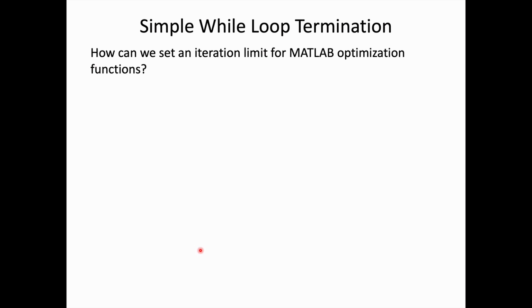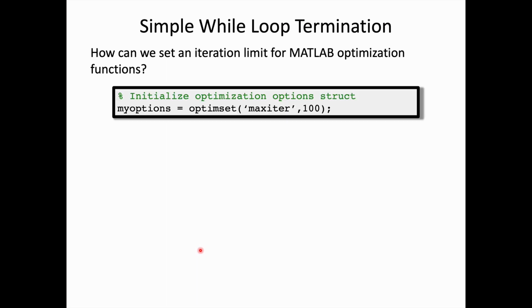How can we set an iteration limit for the built-in Matlab optimization functions? This is something that you can do with the functions that you've started to get some experience using now. You can use the optimSet function to modify some of the fields in the options struct, and one of those fields is the maximum number of iterations allowed, or the variable name is maxiter.